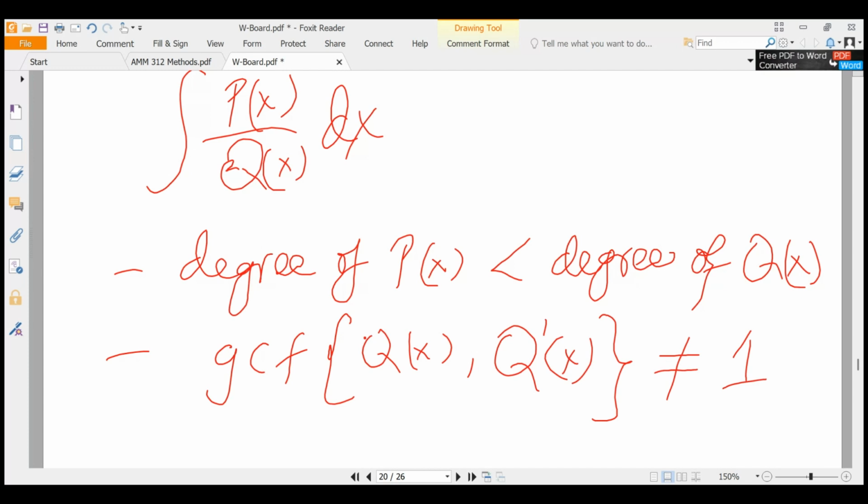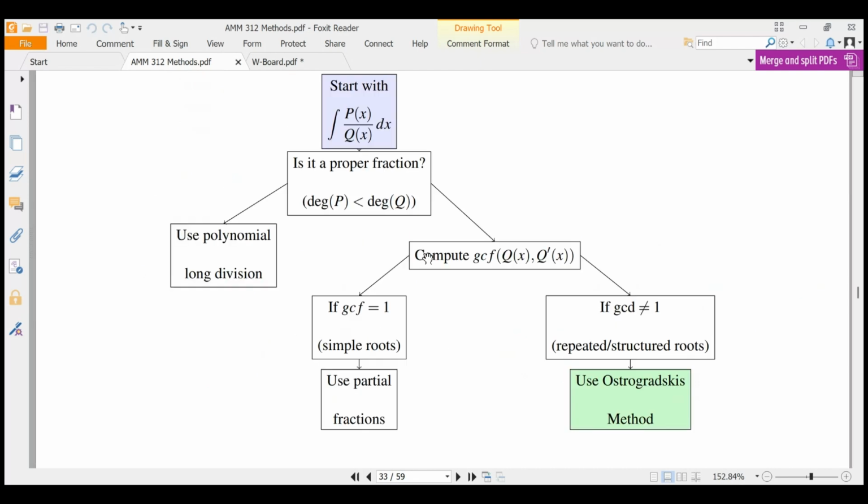If q of x has only simple roots and factors easily, then the ordinary method of partial fractions may be sufficient. But when that is not the case, then we may use Ostrogradski's method. So we are going to see how to use this method to work out the problem.